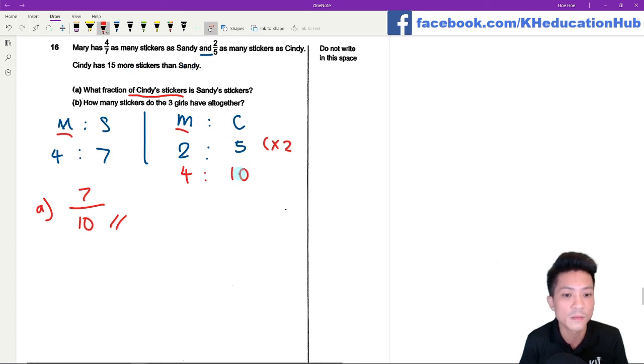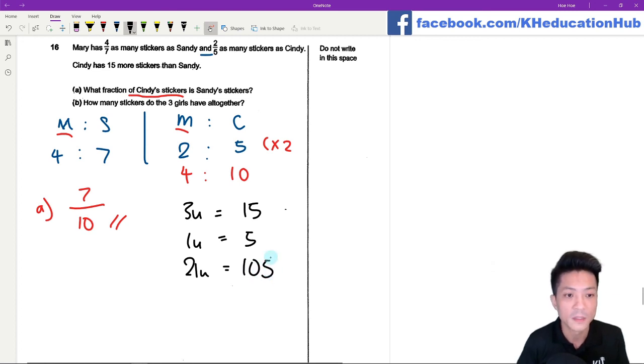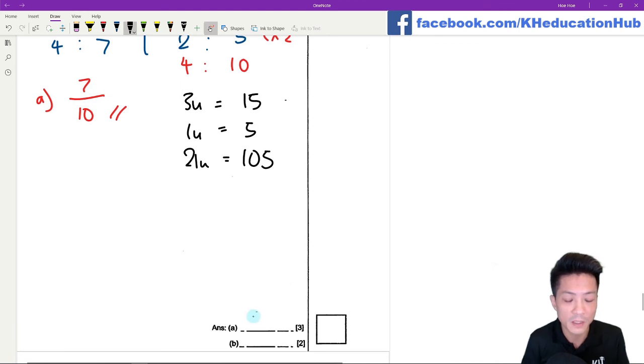So Cindy is 10 units, then Sandy is 7 units, which means that 10 minus 7, 3 units is equal to 15. 1 unit is equal to 5, and how many units do they have altogether? 4 plus 7 plus 10 will give you 21 units, right? 21 units will be equal to 105. Okay, that will be the answer for part B.